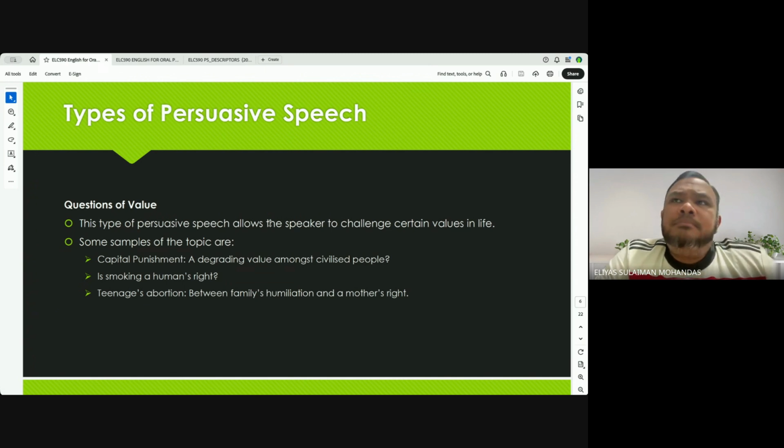So in some modern and I would say developed countries, like the Scandinavian countries like Norway, Denmark, they no longer believe in capital punishment. They believe in behavior correction.